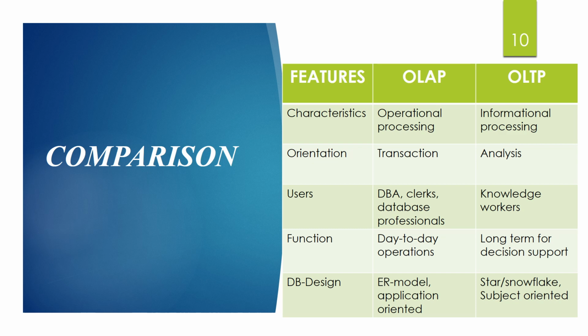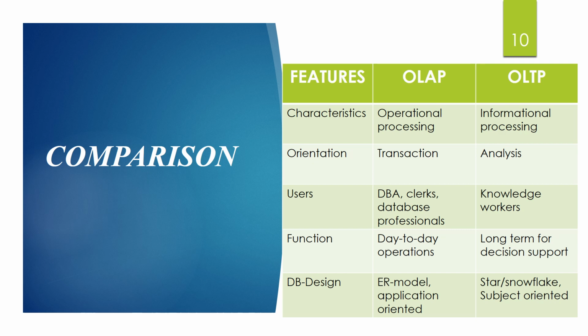OLAP users include DBAs, clerks, database professionals, etc. On the other hand, OLTP users are mostly knowledge workers. OLAP's functionalities include your everyday day-to-day operations, while OLTP's functions include long-term decision support.